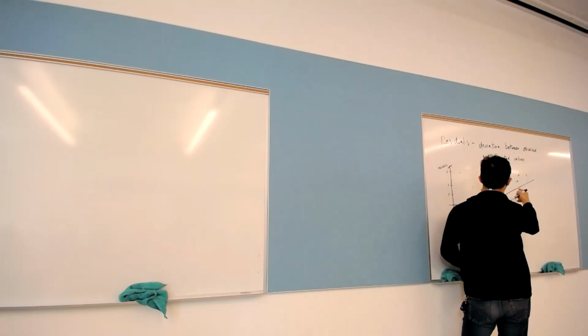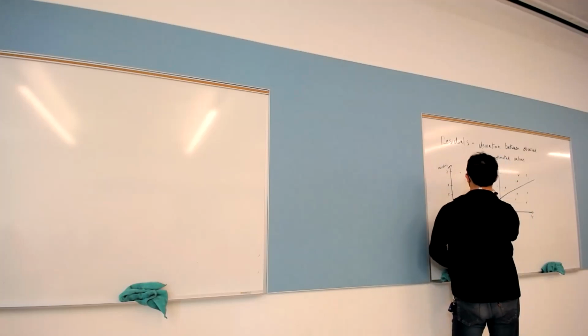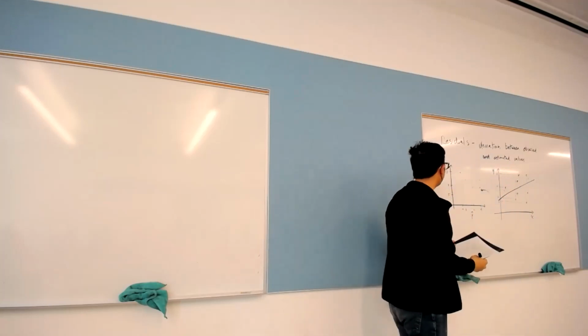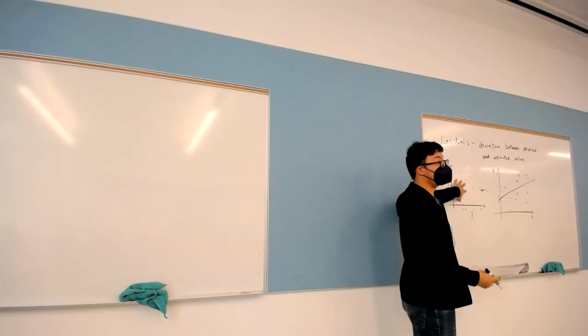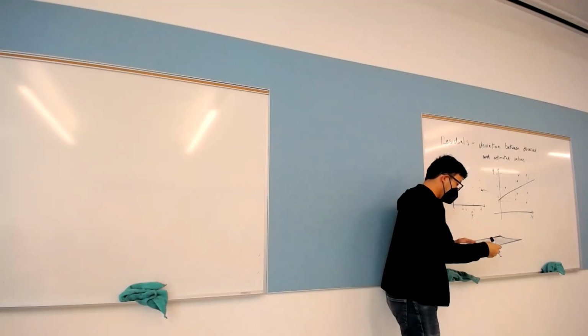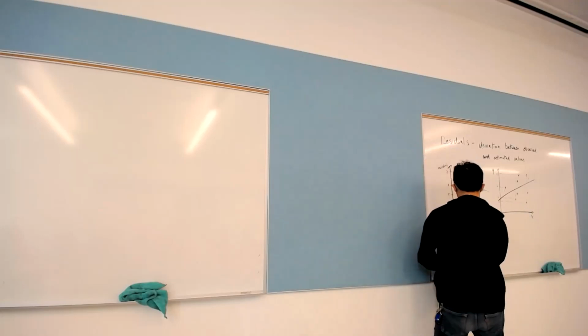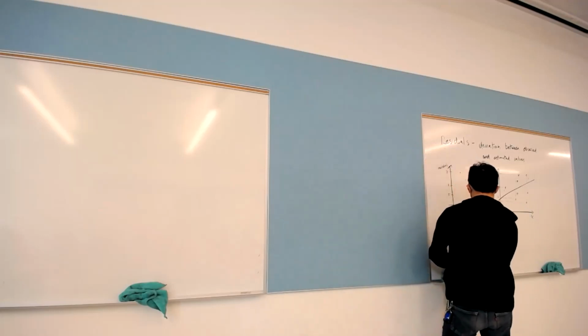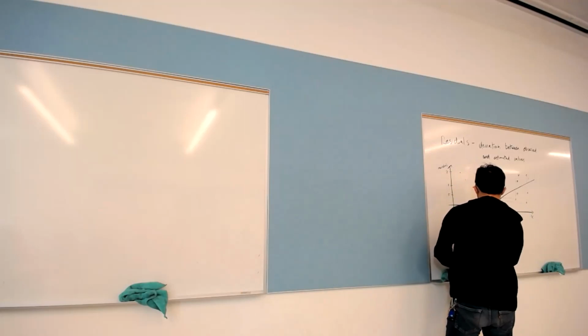And D, we have 1 at 1, and we have 1 at 1.5. So this is known as your residual plot. And again, residual equals observed minus predicted.